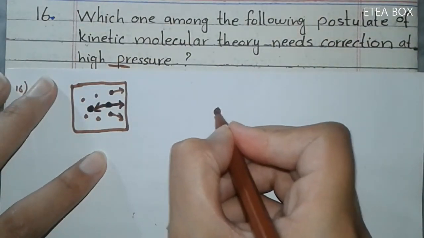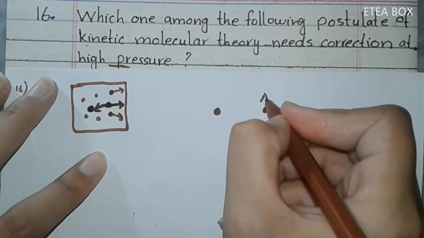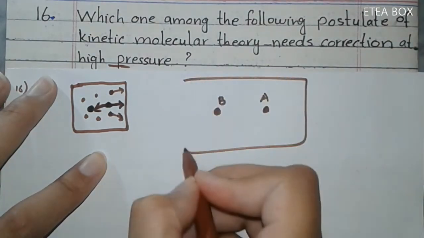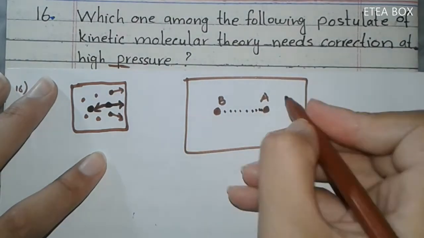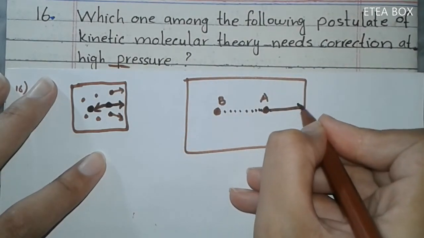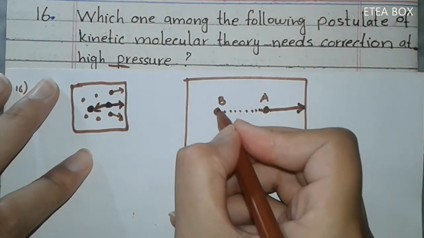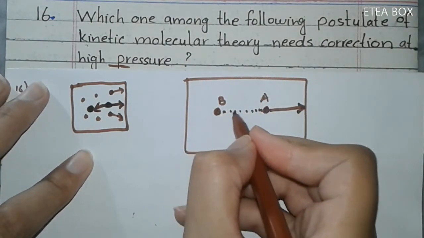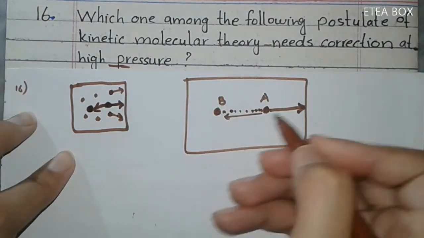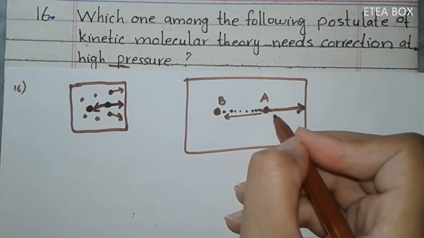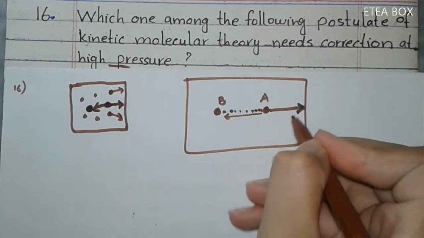Look at this. We have two molecules, A and B. In real gas there are intermolecular forces. When molecule A applies pressure on the container, molecule B will resist it, and due to intermolecular forces it will push molecule A back toward itself, so the pressure will be a little low.